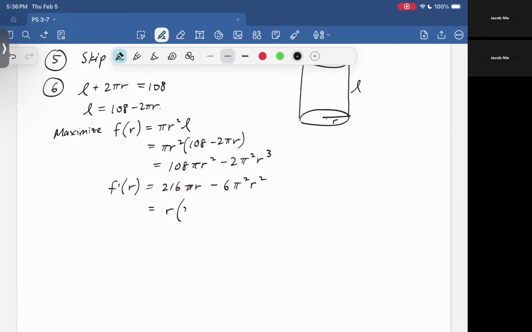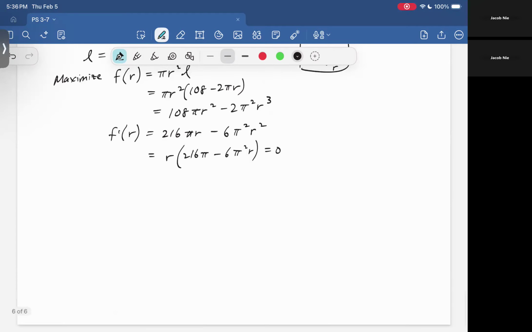Factor out r, 216 pi minus 6 pi squared r. Obviously, r can't be 0. That will not be a very nice package. So we're looking for 216 pi equals 6 pi squared r, which tells us that r equals 216 pi over 6 pi squared equals 36 over pi.